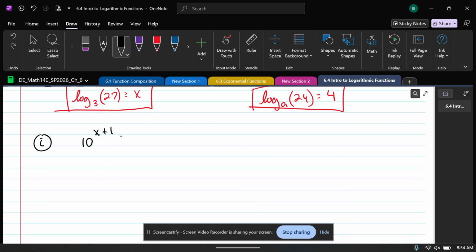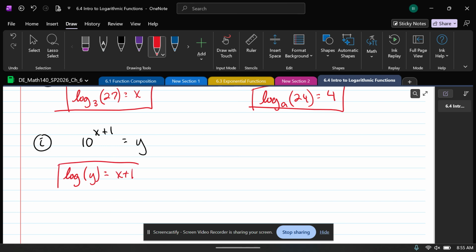Let's get to one that looks more like a college level problem. 10 to the x plus 1 is equal to y. So what's our log base here? Yeah, so how do we write that? Just log. Don't put a 10 there. Just leave it log. Of equals.